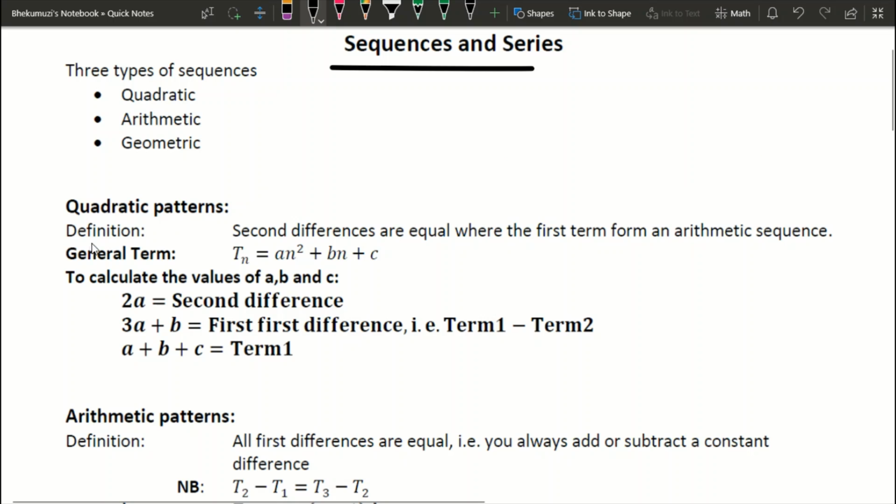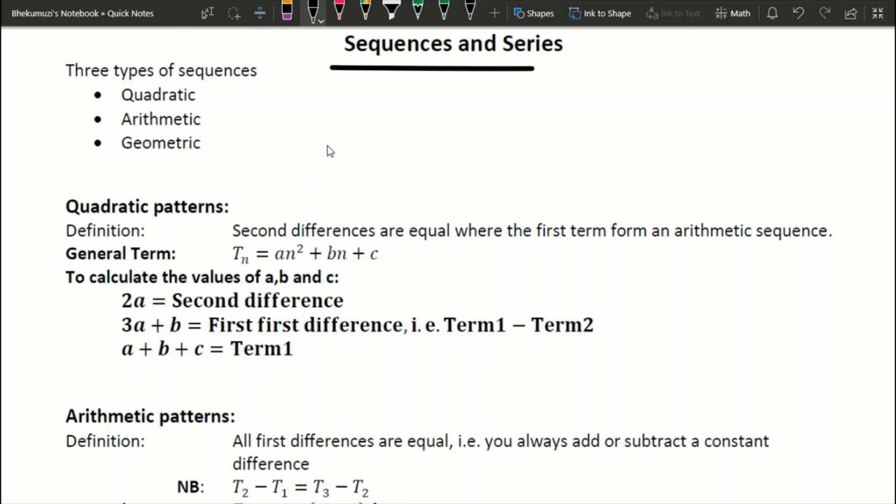The quadratic patterns' definition is that the second differences are equal, where the first differences form an arithmetic sequence. So what is it trying to tell us here?